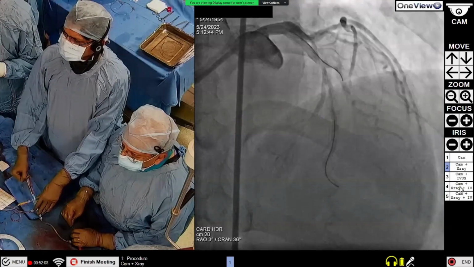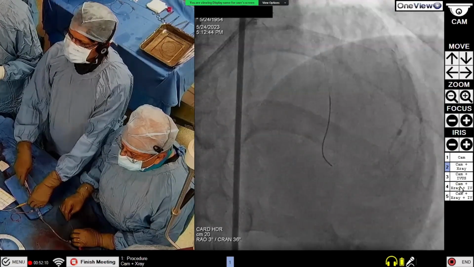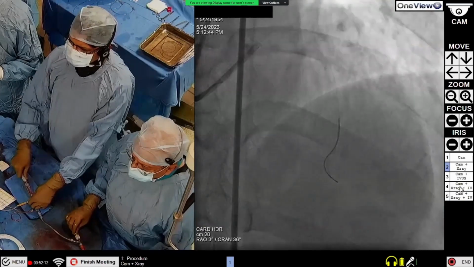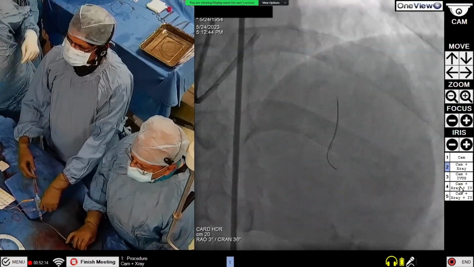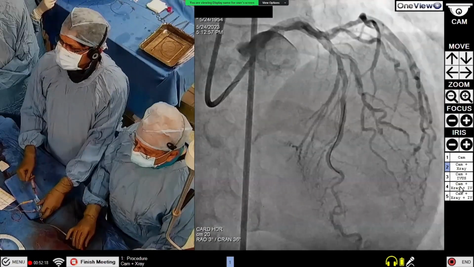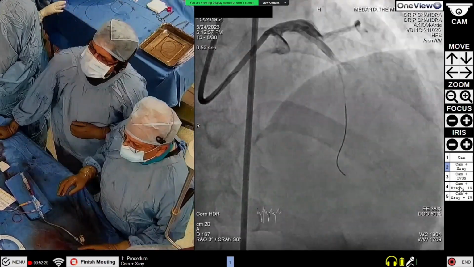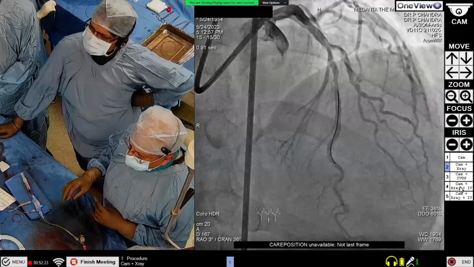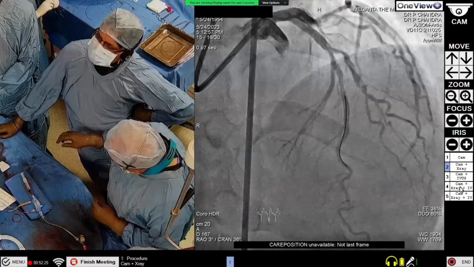Take this out. Oh, this looks good. You can leave it. Done. We have to just take a shot and then decide. Not necessarily. Take a shot. Looks good. I think everything looks fine. Yeah, LAD ostium is fine. There is no major dissection. Diagonal is flowing well. No major dissection.